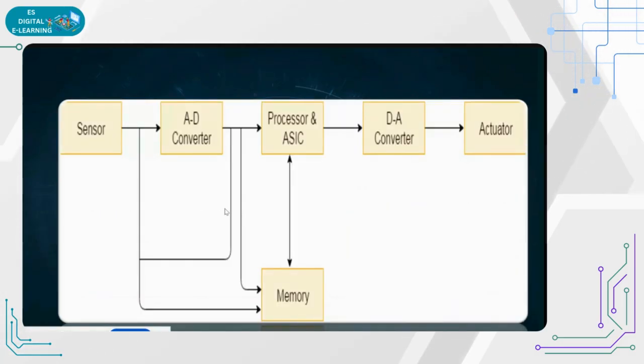Now we need to understand the sensors are the inputs we are giving to the controller. This is the processor, it will be the microcontroller or any processor we have. The processor can understand only digital bits, because this is completely digital communication. It will happen in ones and zeros. Whatever sensor data we are getting is analog in nature.